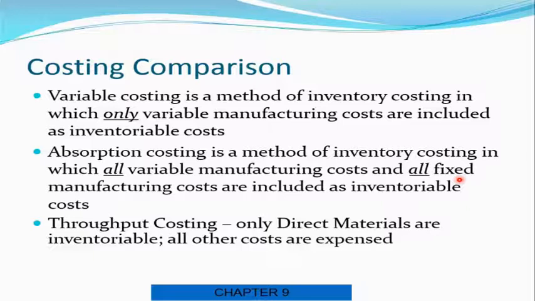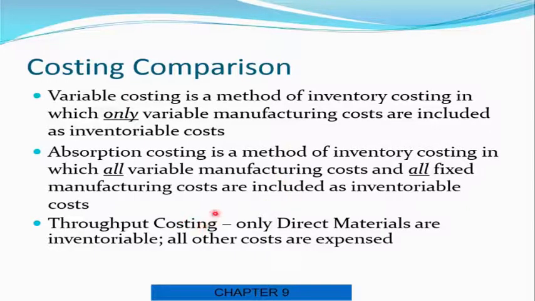As you remember, direct labor and direct materials are always considered variable. You must remember that here we consider only the manufacturing costs as product or inventoriable cost. But the difference is which manufacturing costs are considered product cost. Under variable costing, only variable manufacturing; under absorption costing, all manufacturing costs, variable and fixed, are considered inventoriable or product cost.